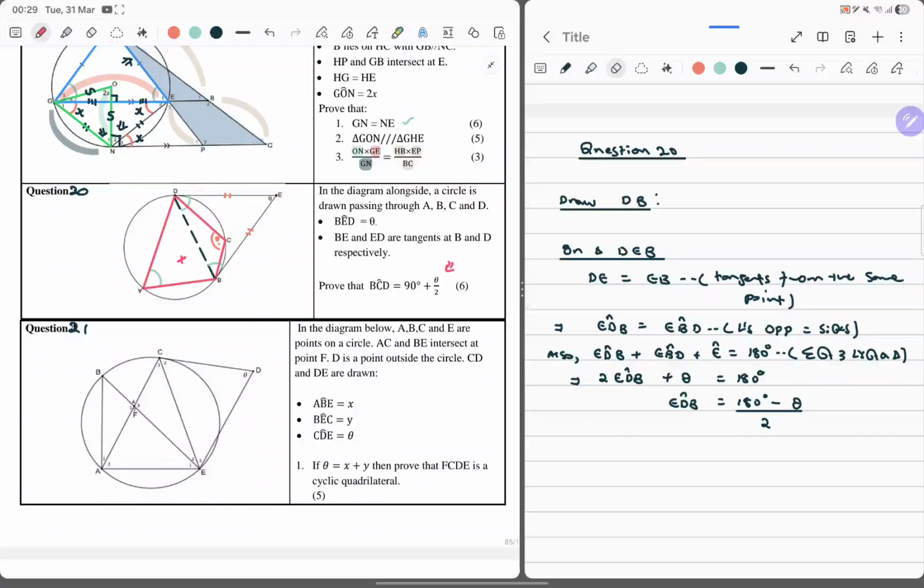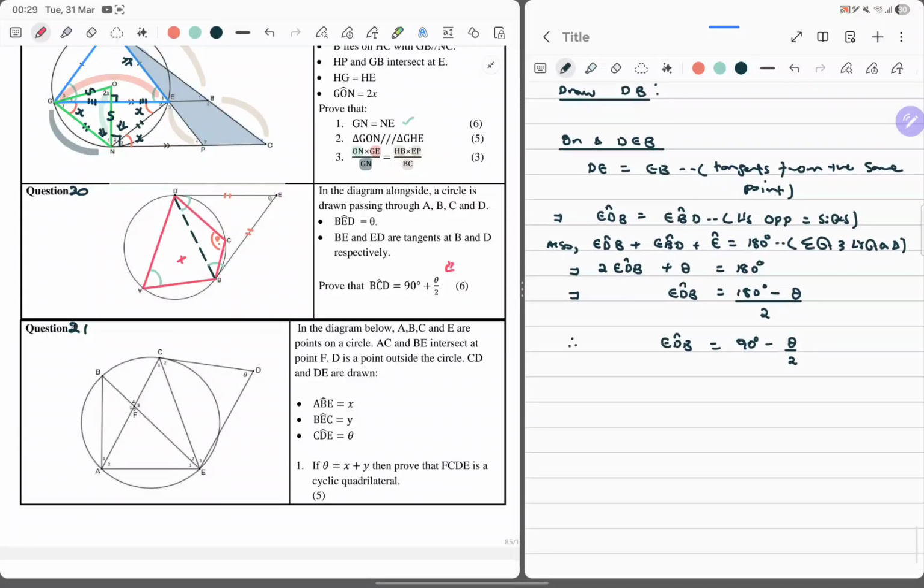Maybe let's not rush. So we can say, therefore, EDB is going to be 90 degrees minus theta over 2. Right, so that's the angle. We will say here, but what do we know? We know that angle A is equal to angle EDB.